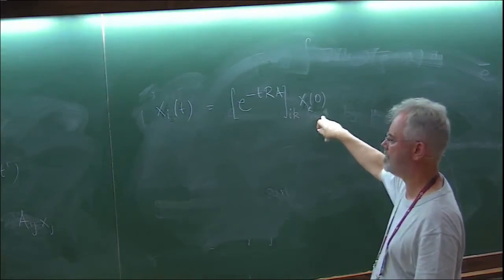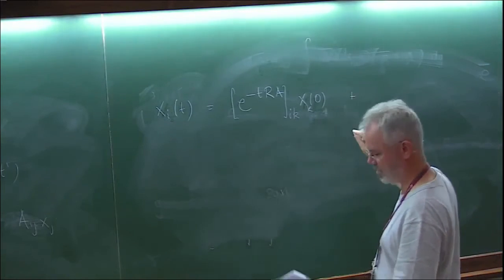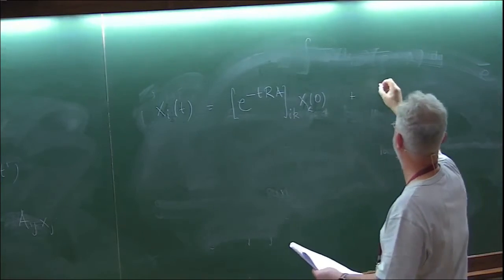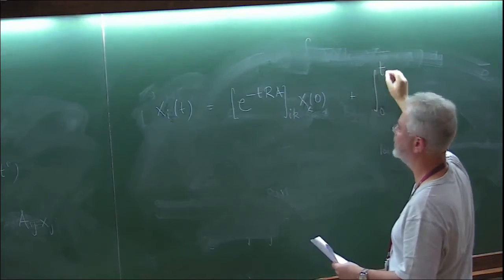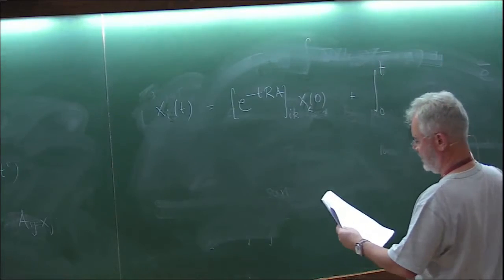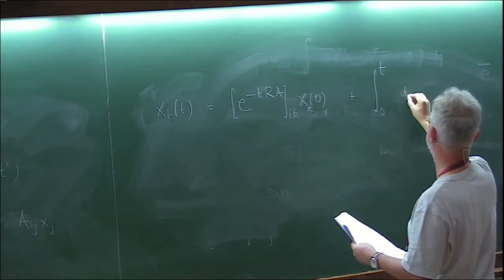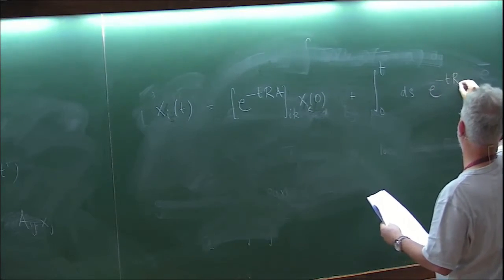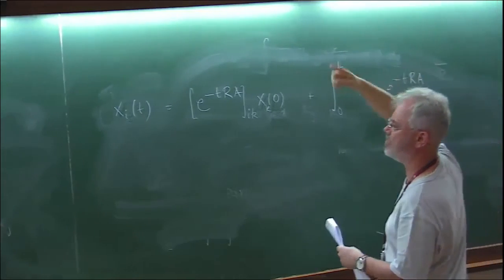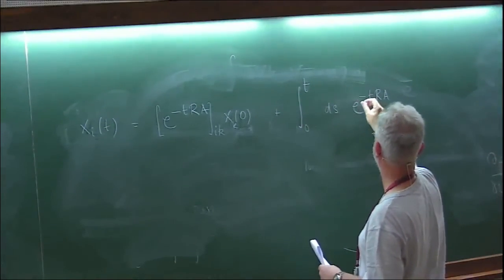So that's the constant term for the starting point. And then you have the integral between 0 and t of ds e^(-sA), the matrix coming from the other side when I'm multiplying by it.